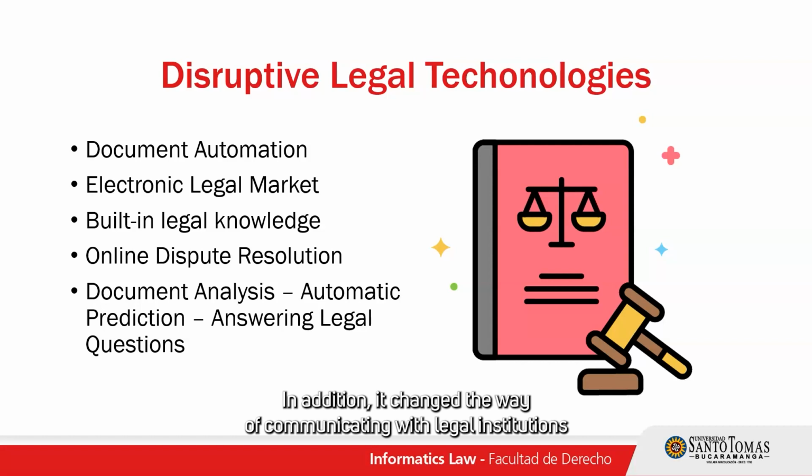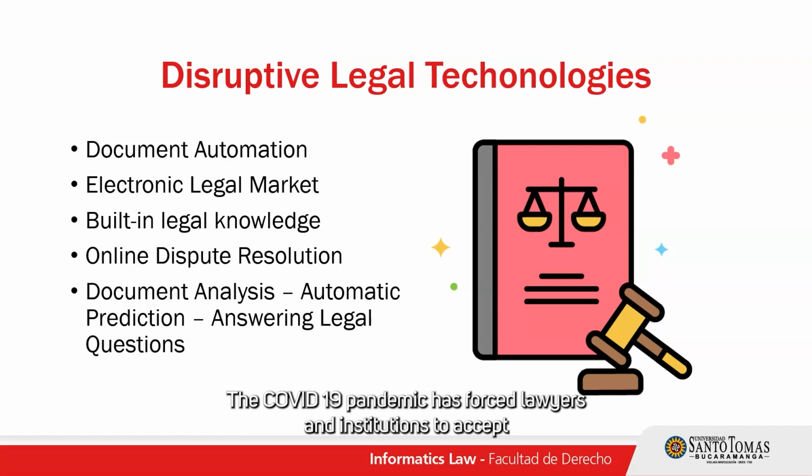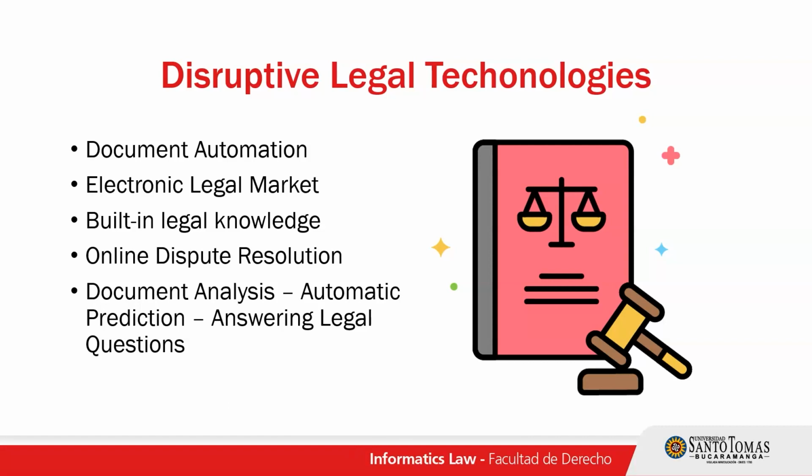In addition, it changed the way of communicating with legal institutions through email, streamlining the sending of legal documents. However, resistance to change in the legal profession has limited the full adoption of these advantages. The COVID-19 pandemic has forced lawyers and institutions to accept and embrace the use of the Internet for legal purposes.